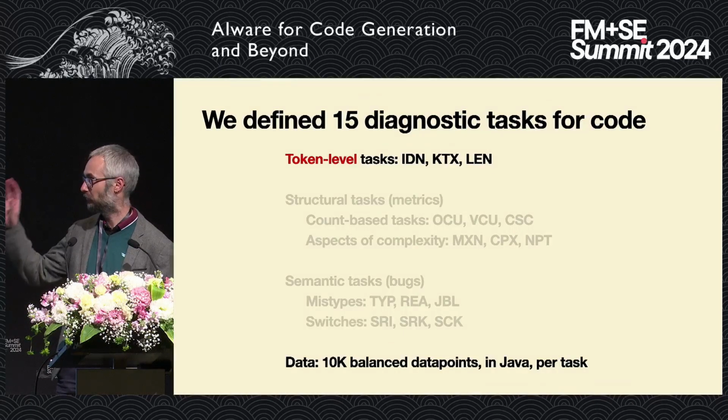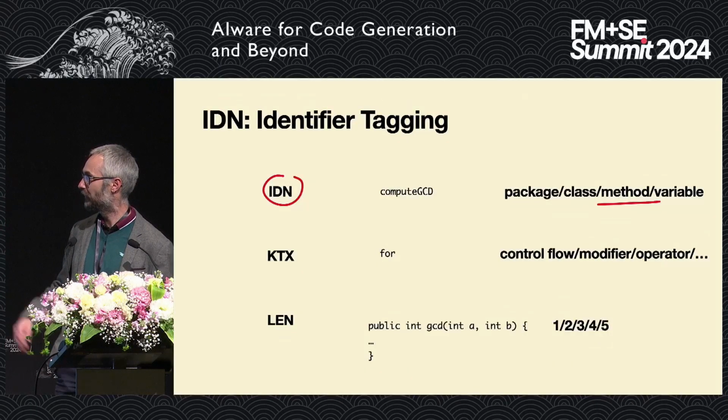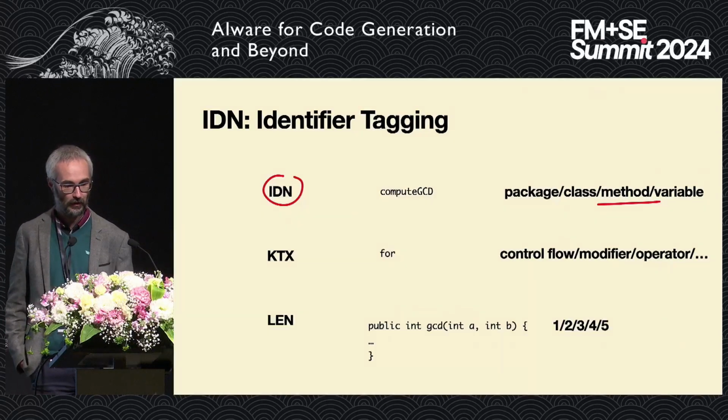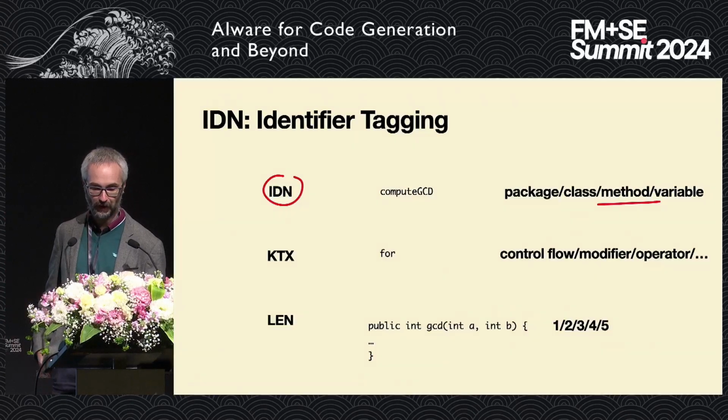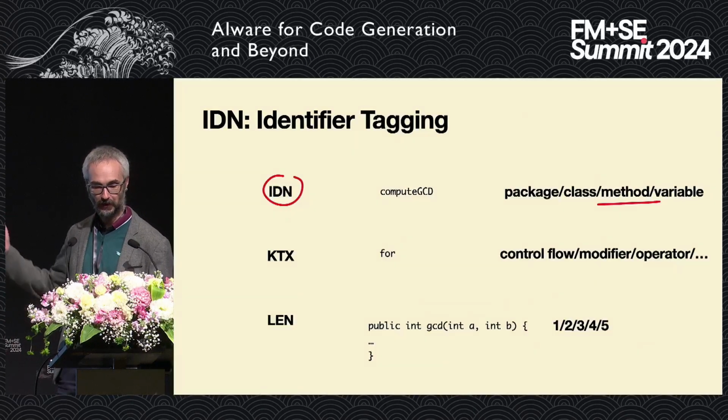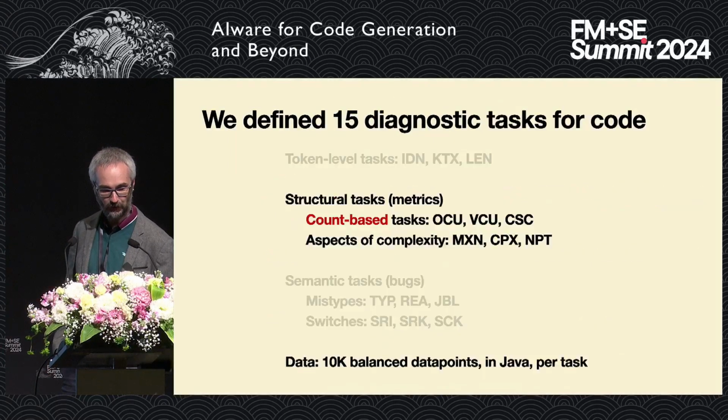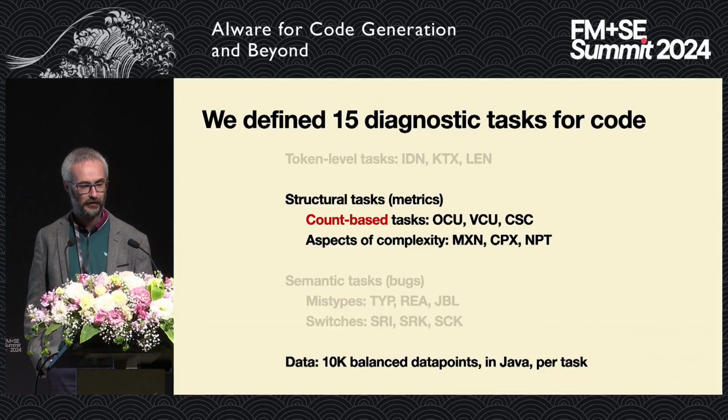We had some tasks at the token level where we would take a programming language token, and the task was to identify whether the model is able to recognize whether it's a package name, a class name, a method name, or a variable name. Then we had 2 categories of tasks related to the structure of code.